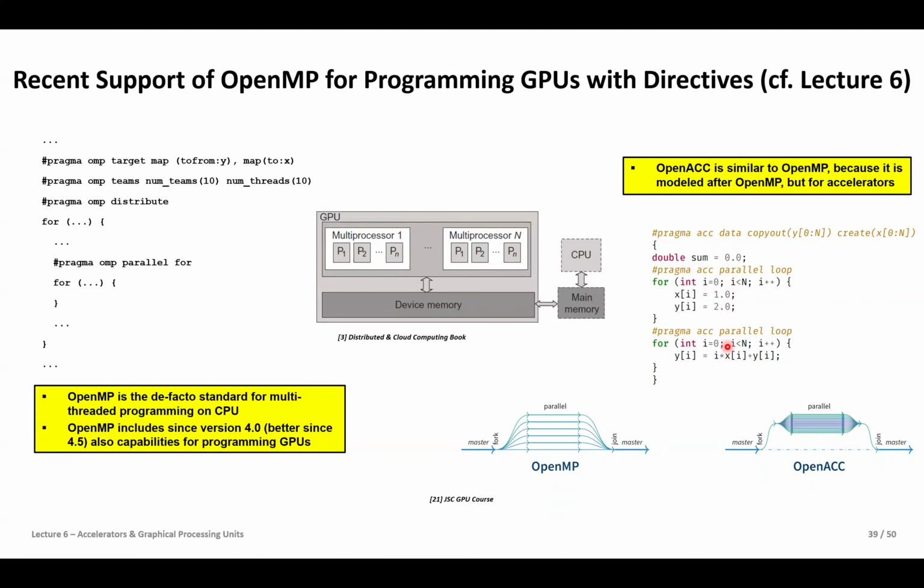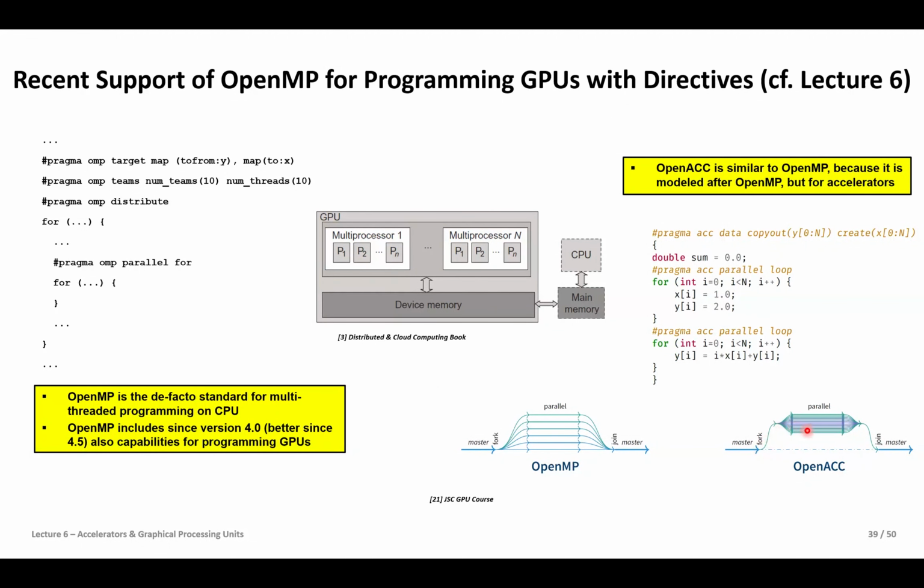Now, what people have started is to have a pragma ACC essentially here, an addition to these pragma statements with accelerators, where you have a parallel loop construct, which does essentially similar things to what we had in OpenMP. Remember the master thread always lives and forks and joins later than all of this parallel region here. In a similar way, you can see this is working in OpenACC as well. So an extension of OpenMP, if you will.